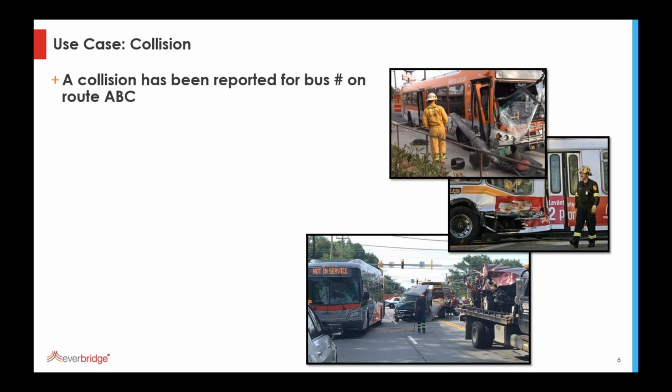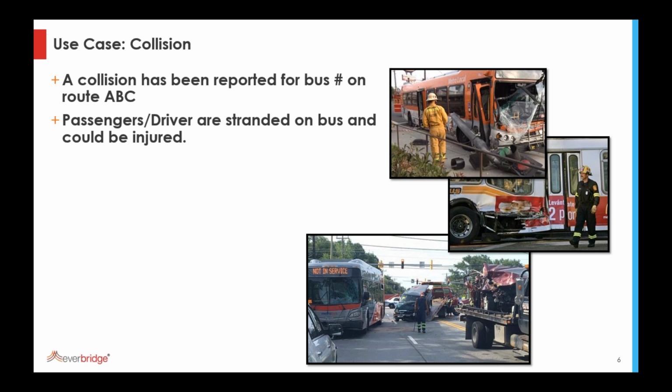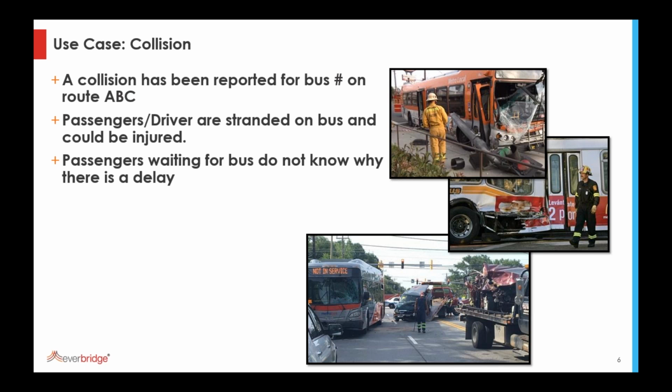As we jump into our first use case, I'm just going to run down a couple different things that happen when you have a collision. The first thing is on your end, you're going to hear that bus number whatever on route ABC, there's been an accident. Passenger drivers are stranded on the bus and possibly could be injured.